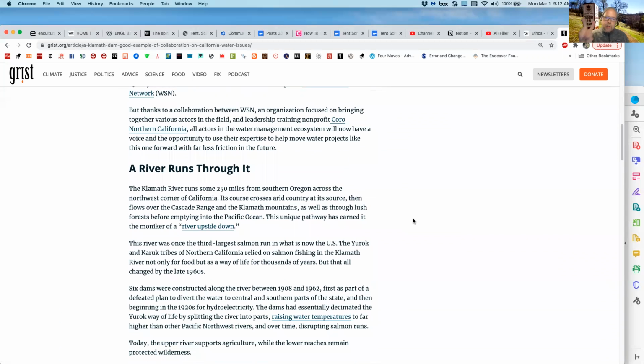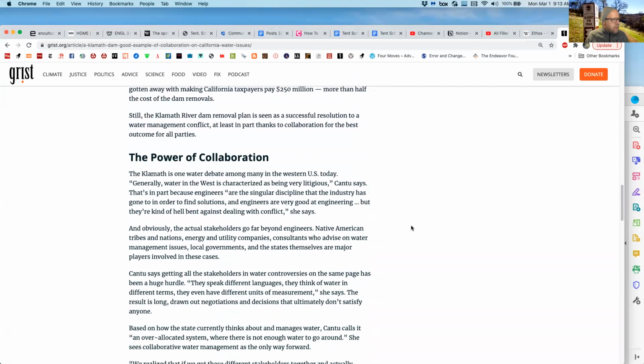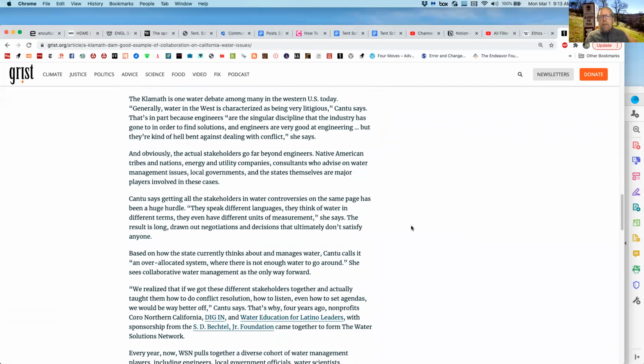And the argument had two forms, that is dam removal good, collaboration on dam removal better, right? And then by the end, we're saying, okay, so is this the kind of article we'd like to see more of in terms of debates about dam removal, which is fundamentally an environmental rhetoric issue.